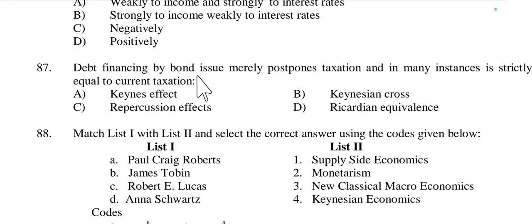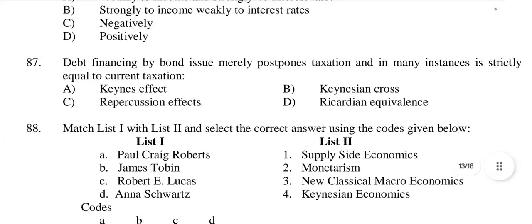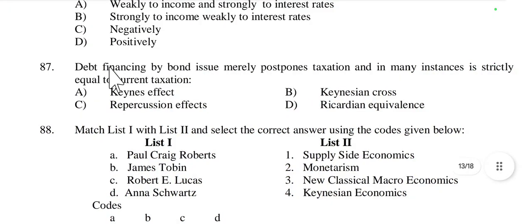Question number 87. Debt financing by bond issue merely postpones taxation and in many instances is strictly equal to current taxation. Is it called the Keynes effect, Keynesian cross, repercussion effect or Ricardian equivalence?